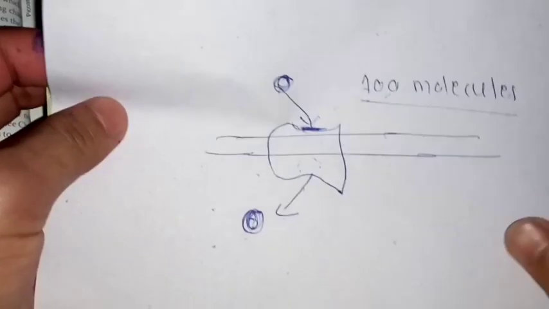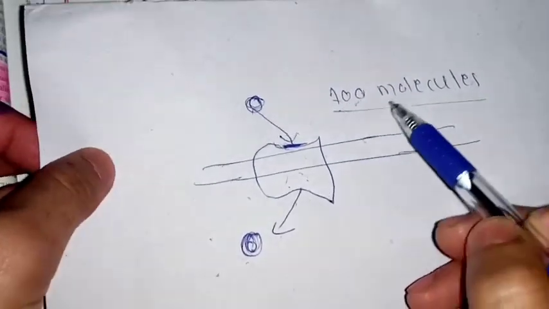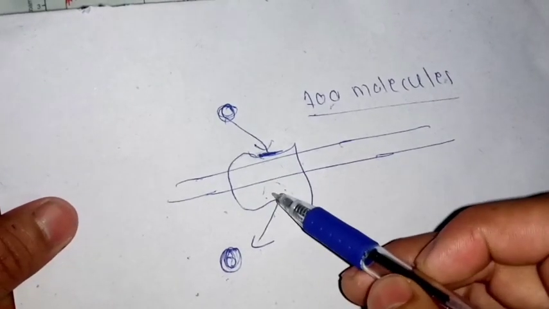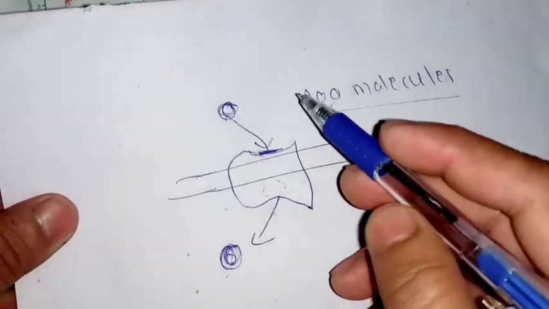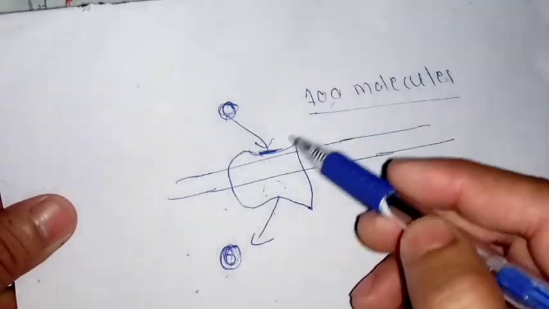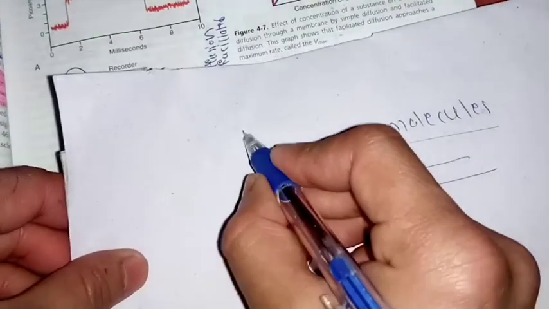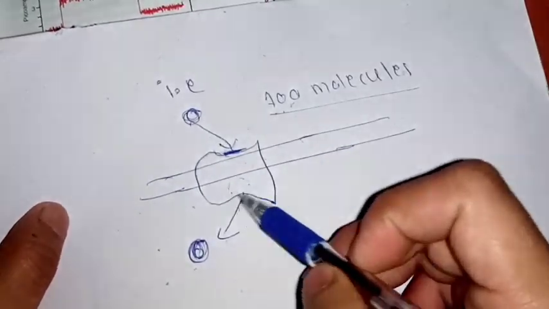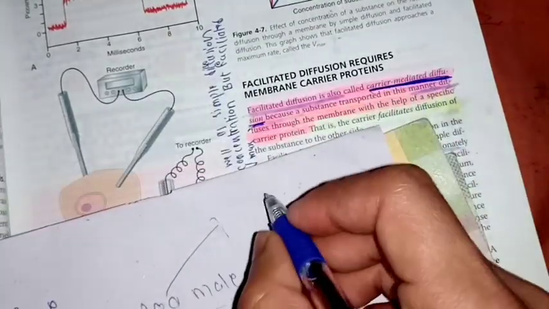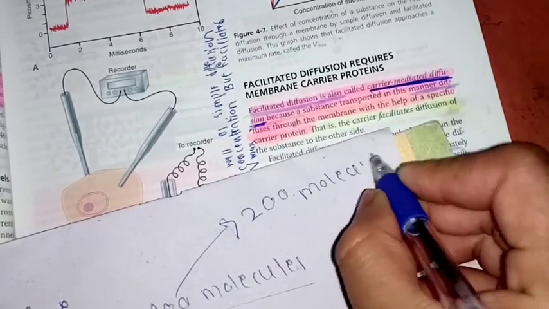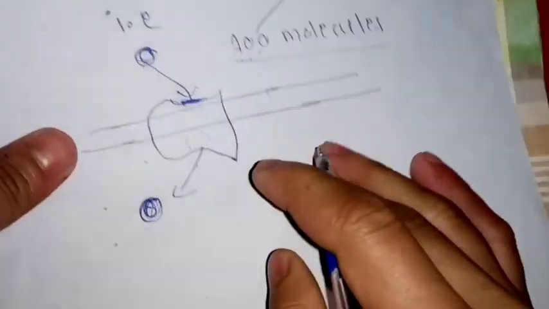For example, say 100 is the maximum value at which the carrier protein can change its conformation 3 times per minute. If we increase the molecules outside the cell membrane to this maximum value of 100, then the carrier protein will change its conformation 3 times per minute. But if we exceed this to 200 molecules, will it be able to change its conformation more?